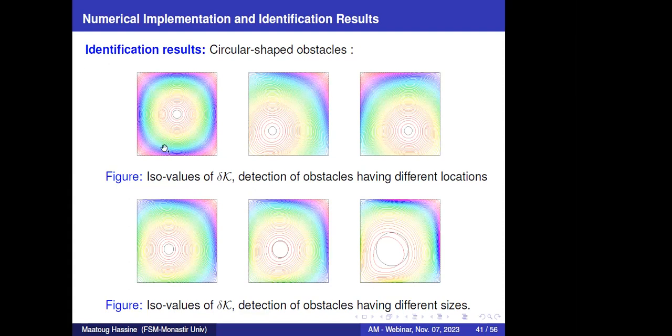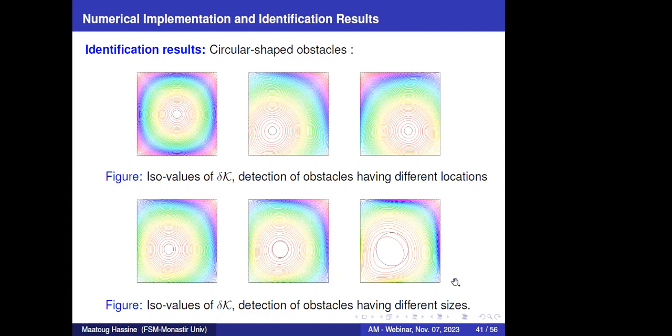As one can observe here, the topological gradient detects the location and the shape of the unknown obstacle for different positions inside the cavity domain.